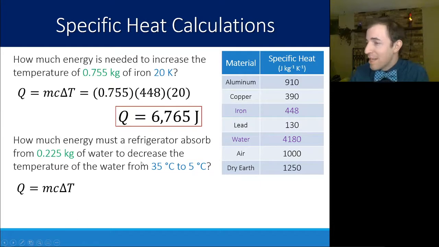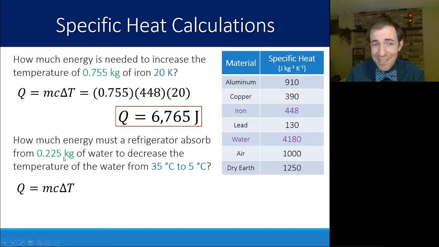If instead we're looking at how much energy must a refrigerator absorb from 0.225 kilograms of water to decrease the temperature of this water from 35 Celsius to 5 degrees Celsius, we first need to figure out a couple different things here. Water has a specific heat shown by this table of 4,180 joules.